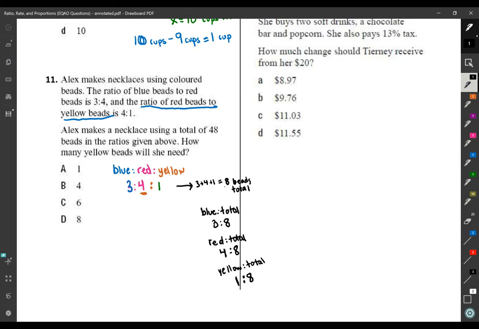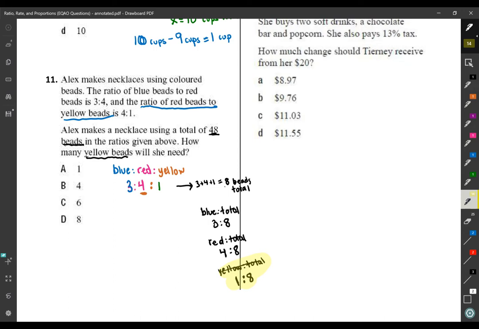So Alex is making a necklace using a total of 48 beads, in the ratios given above. How many yellow beads will she need? Well, we're talking yellow beads, so we're going to need to look at this ratio right here, 1 to 8.